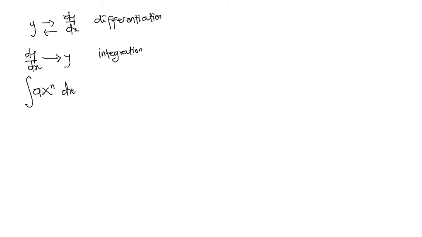This sign means the integral of, and the dx means with respect to x. So we are integrating what we have over here with respect to x. This is our integral sign, and the function over here is what we call the integrand.